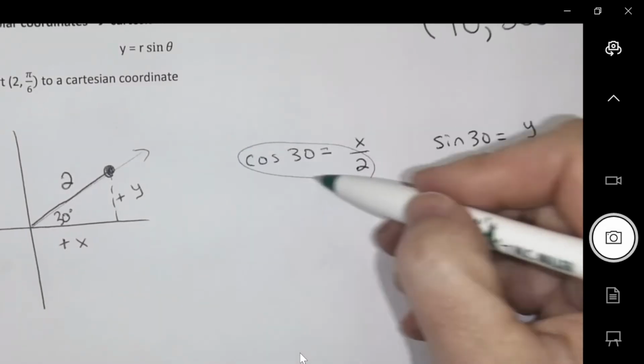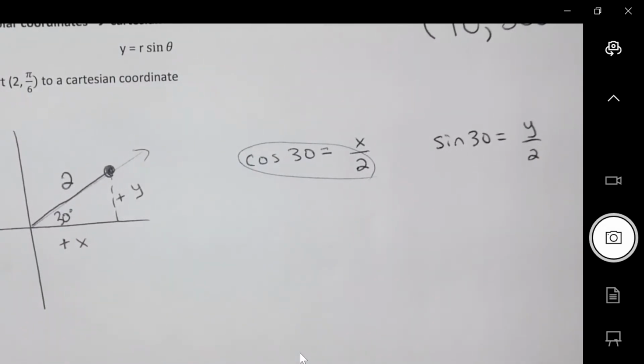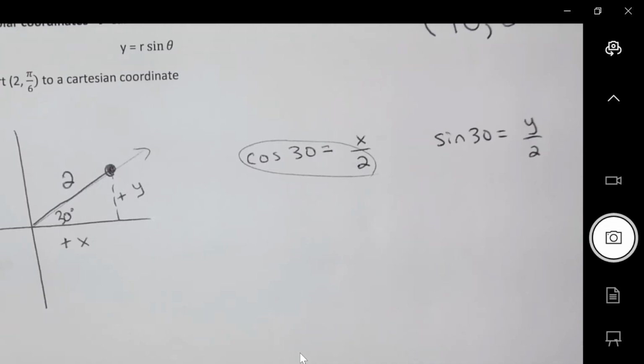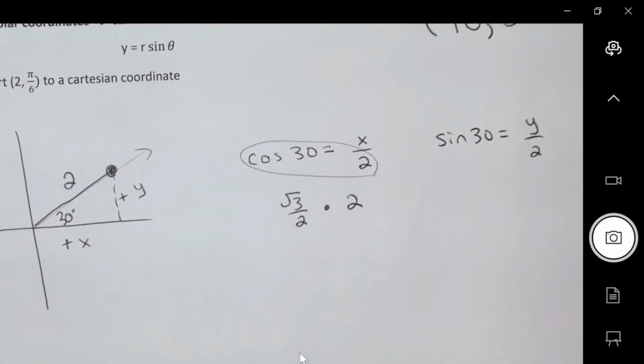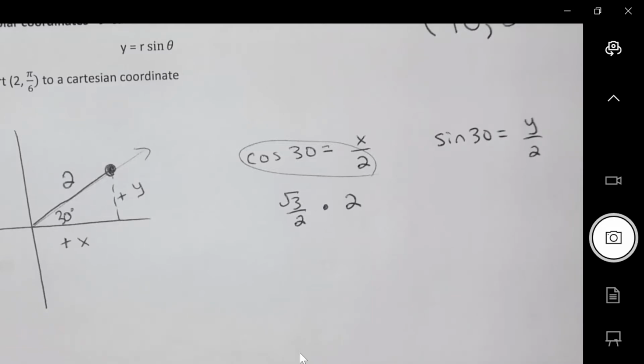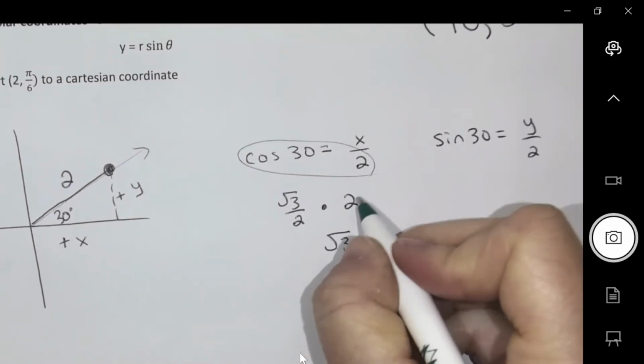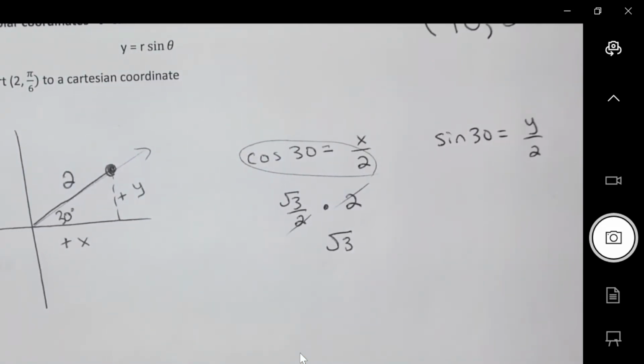So to get x, I'm going to solve like that. Do not touch your calculator. I see you going for it. What's the cos of 30? So I gave you that paper. What's the cos of 30? Root 3 over 2 times the 2 makes just root 3.